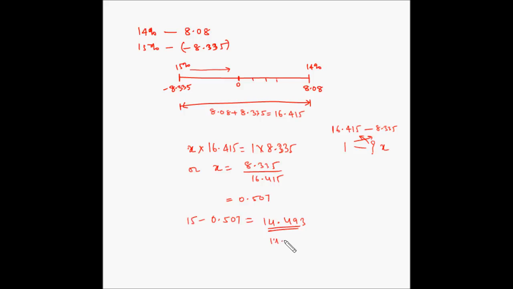So 14.493% is the IRR for project S. Similarly, if we do the same type of calculations for project L, we'll get the IRR equal to 11.8%.